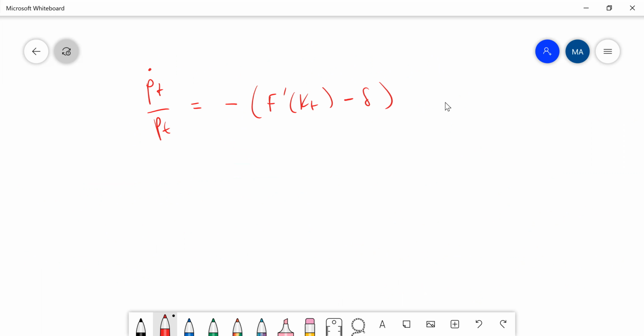Because the net benefit, once it is realized, it is past. So I should optimally decrease my value. I decrease the value by the same percentage rate that is equal to the marginal benefit.